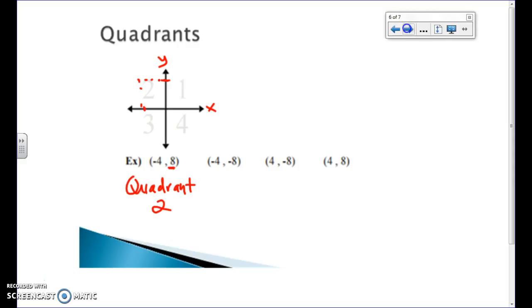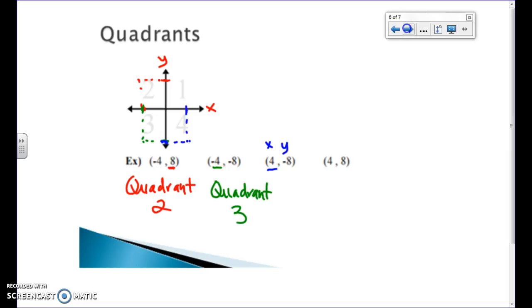Let's take a look at negative 4, negative 8. Again, the x position is negative 4, in this case over here. And the y position is negative 8, somewhere down here. Those positions would intersect somewhere in quadrant 3. Okay, for 4, negative 8, the 4 position is to the right on the x-axis, this is the x value, and now the y value is negative 8, so somewhere down here.